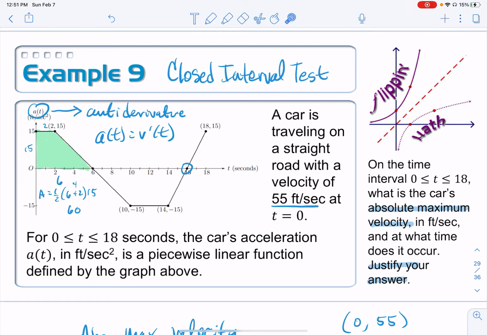I know this looks like it's decreasing because the acceleration is, but it's increasing by less and less because it's approaching the t-axis right there, right? So this one right here so far is a maximum, and I would have known that it was at least a relative maximum. And then this point over here is going to be a minimum. You could point that out because your acceleration changes from negative to positive here. So that one can be eliminated.